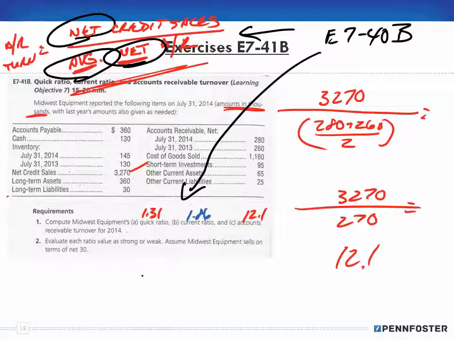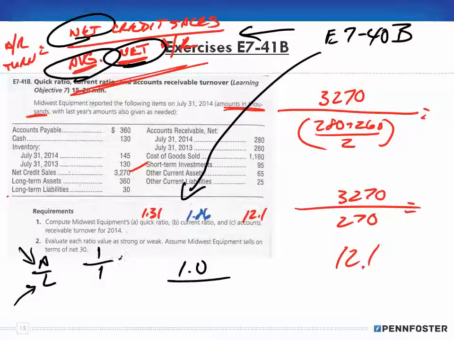Briefly, the benchmark is 1.0. All right. Because you're talking about assets over liabilities, and you sell off your assets to pay your liabilities, if you have one asset over one liability, then you're at break even and you're in good shape. Anything greater means you're in really good shape.